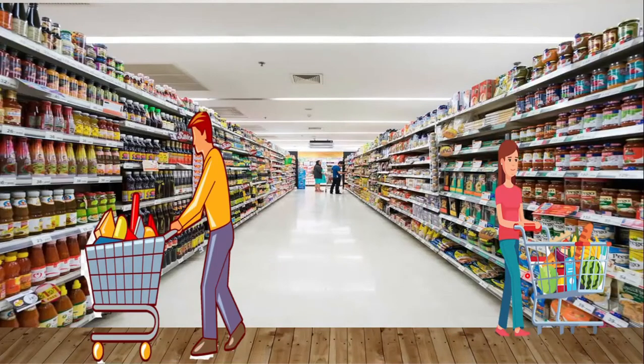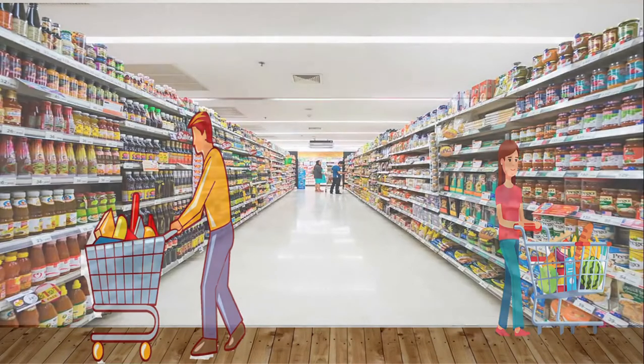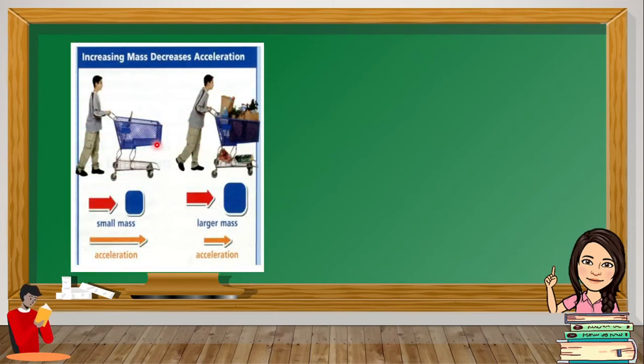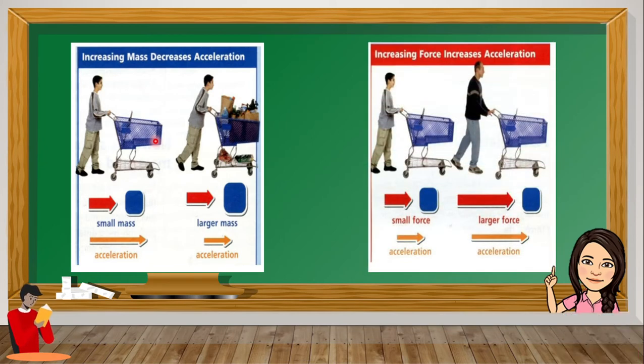The cart that moves slower is the heaviest, while the cart that moves faster is the lightest. This proves that as the mass increases, the acceleration decreases. And as the force increases, the acceleration also increases.